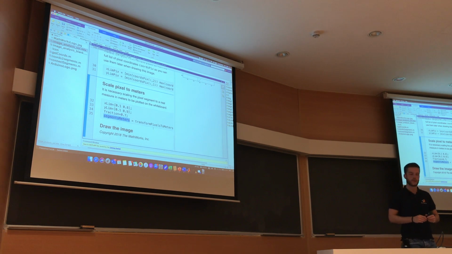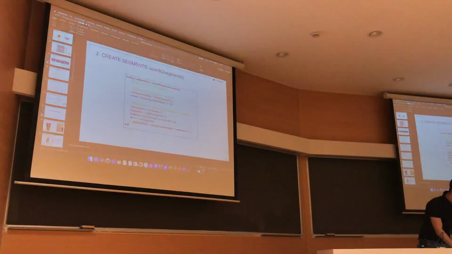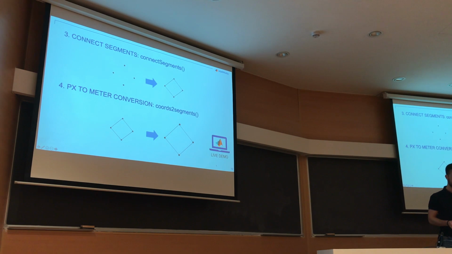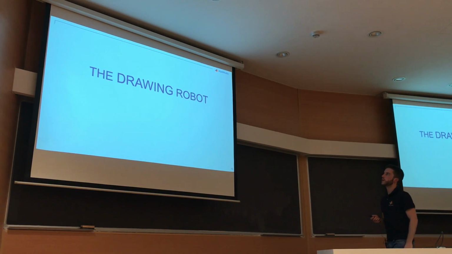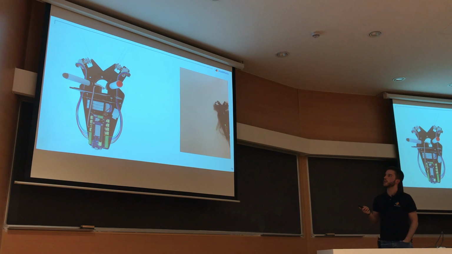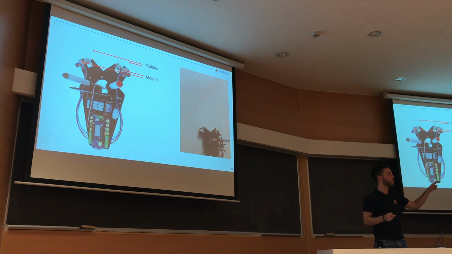Okay, so now we can go on with the actual robot part, the drawing robot. You can see it there on the whiteboard, but let's go deeper into the details. As you can see, it is composed of 2 motors, linked with these cables to the top of the whiteboard.